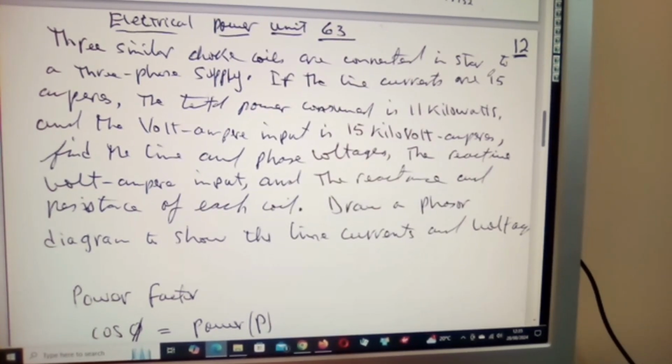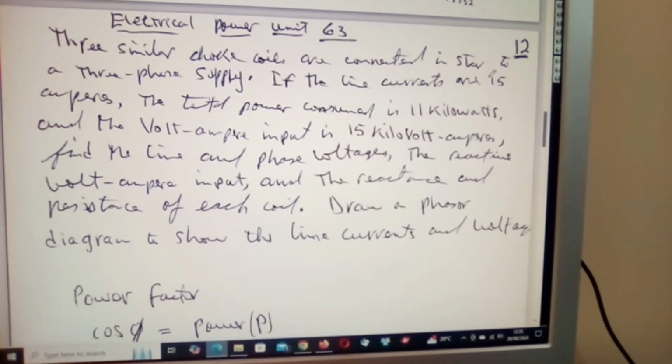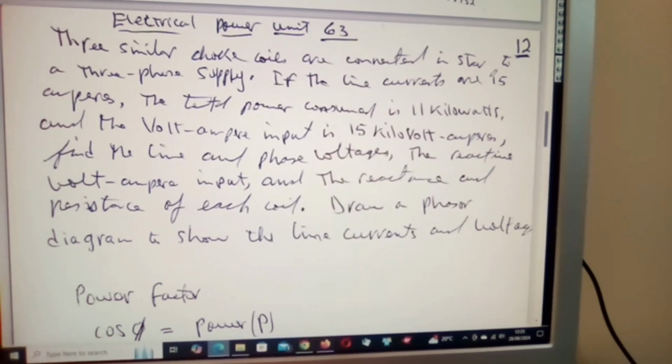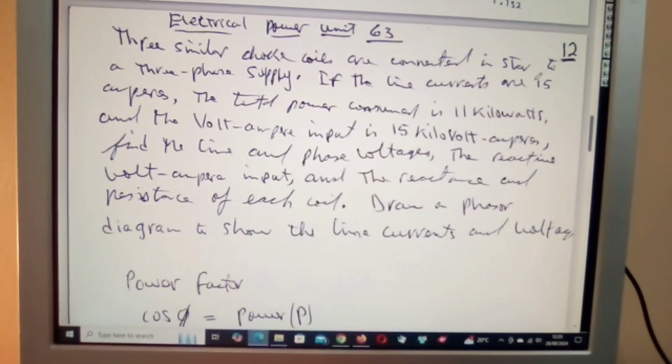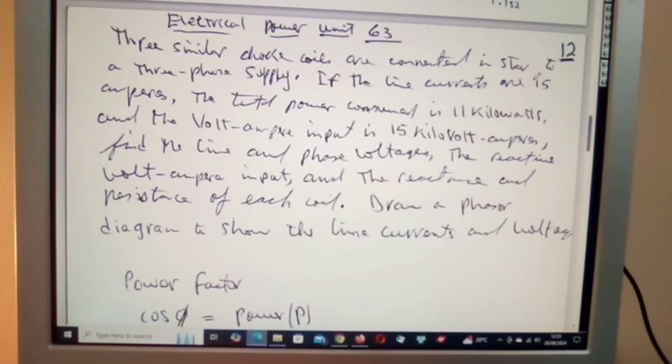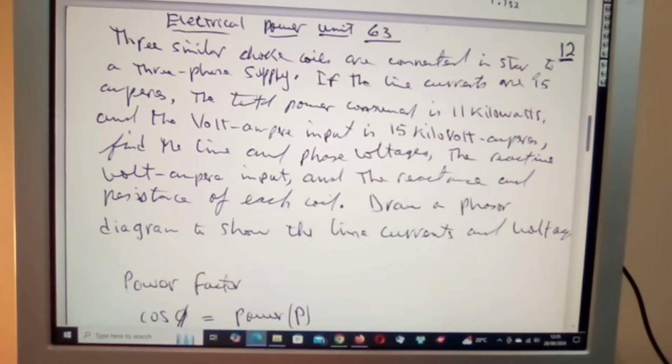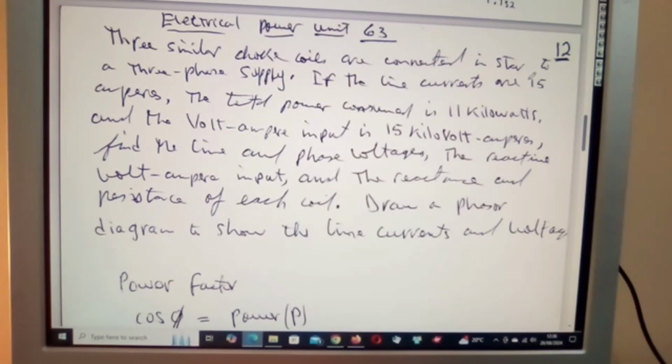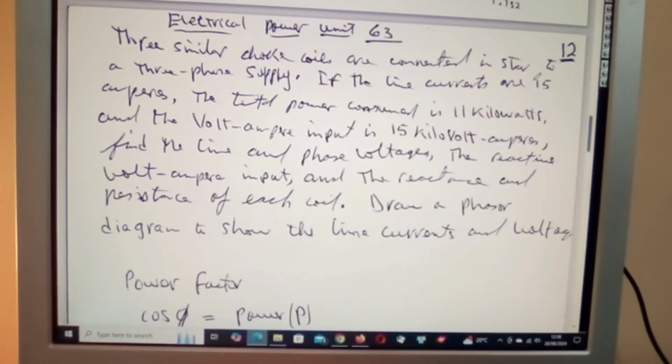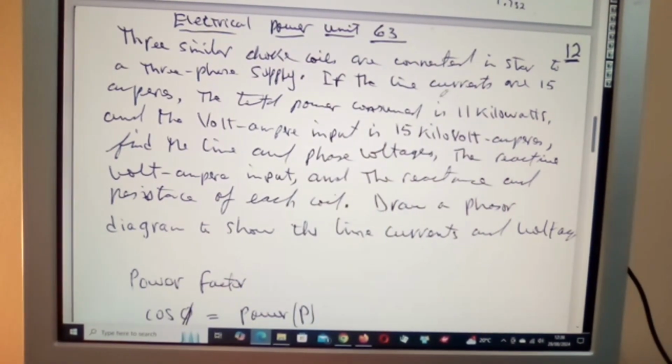Okay, so make sure you know what I'm talking about. So do your own research. There are enough electric principles books to tell you what a choke looks like and what a choke coil looks like. Draw a diagram to support your information. I did not draw a diagram here because I just didn't need it at the time.